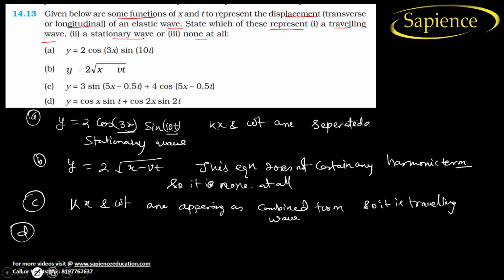In D, this is cos x, cos A, sin B, cos 2x, 2t. So these are different entities. See here, these are kept separately.